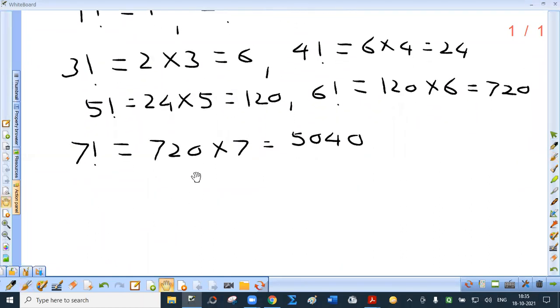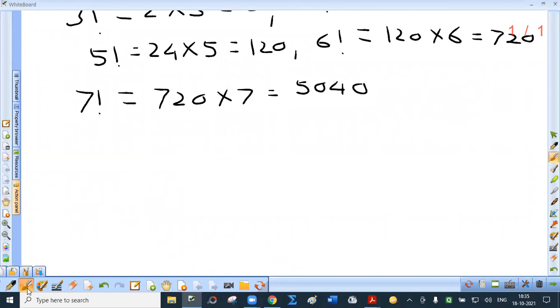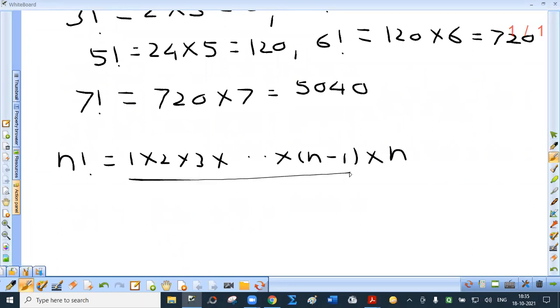Now, next part is again very important. See, n factorial is 1 into 2 into 3 up to n. So term before that, as I said, is n minus 1. Now consider this part. This is product of first n minus 1 natural numbers. So can I say n factorial is n minus 1 factorial into n? Yes. Now this result is very important.